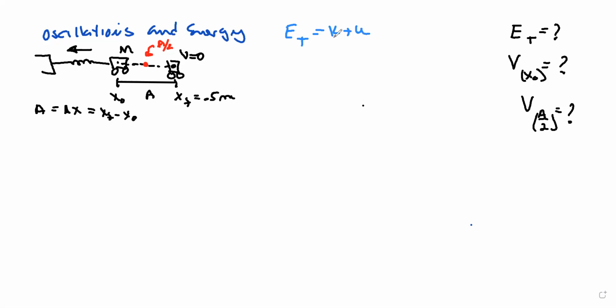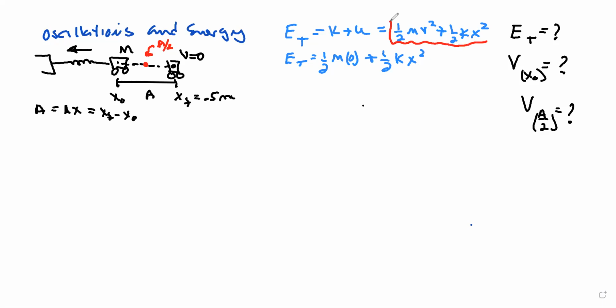So the total energy is 1/2 of the mass times the velocity, which is 0 because you're still holding the particle, plus 1/2 k x squared. The general formula is 1/2 m v squared plus 1/2 k x squared.